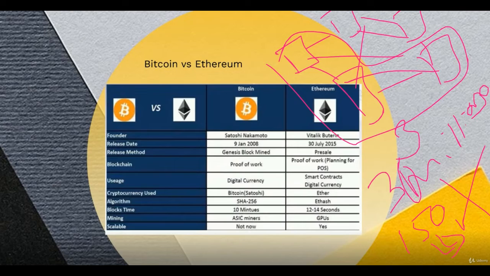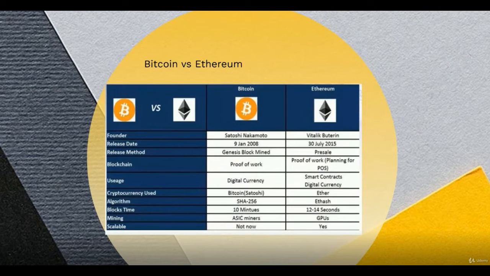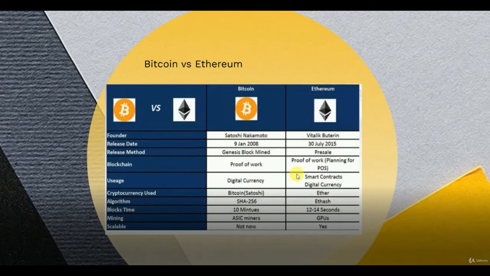Sorry, 3 million, right? So 1.5 million, my bad. So that is why proof of stake is considered very secure and very good compared to proof of work. So Ethereum is planning to move towards proof of stake and they are working on that.